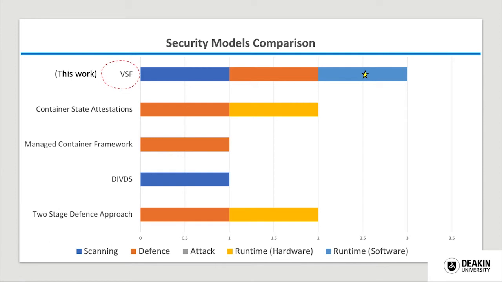So we compare our framework with existing models in related literature. This is a highlight of findings, and we can see that the presented model offers scanning capability, defense capability, and runtime active software capability, despite other ones just covering 2 components.